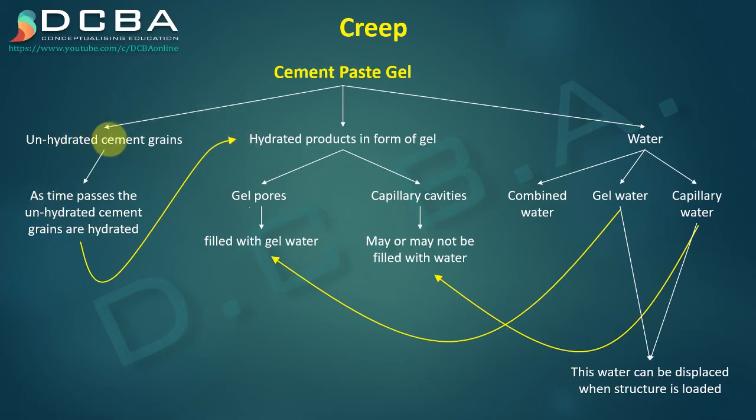These unhydrated cement grains will get hydrated and they will again go into this stage, where again they will be having gel pores and capillary cavities and everything, right? So what is important here to note is that which type of water can be displaced.